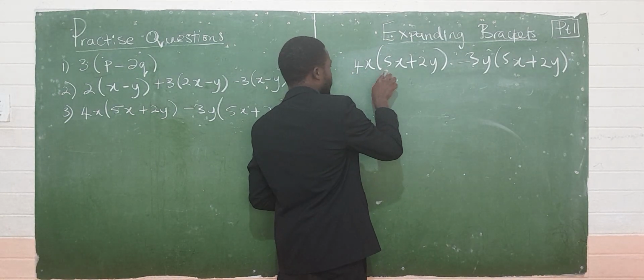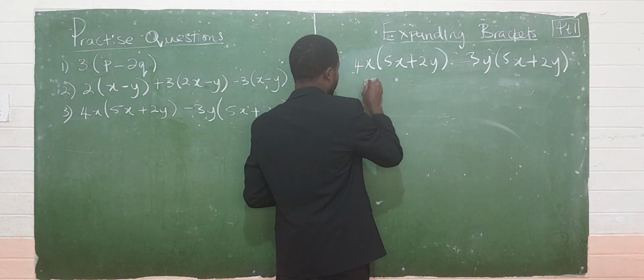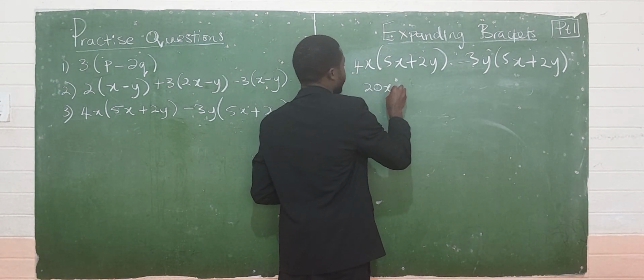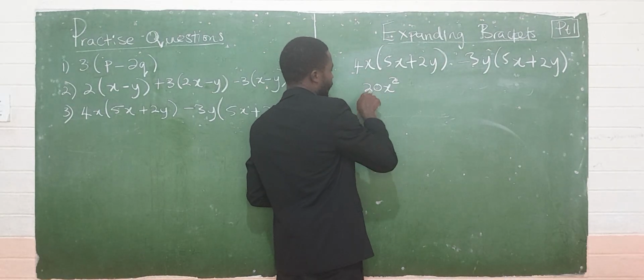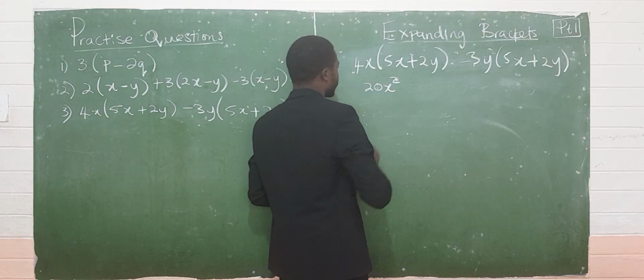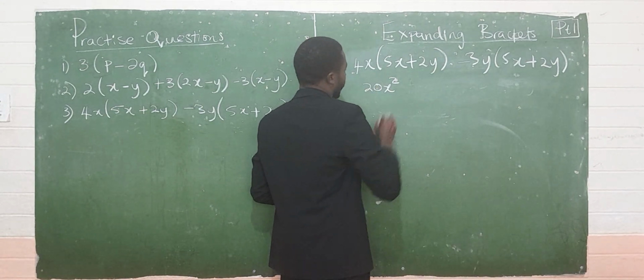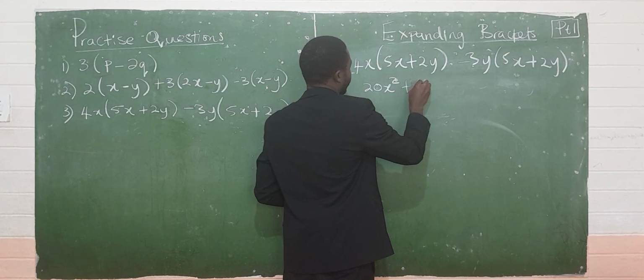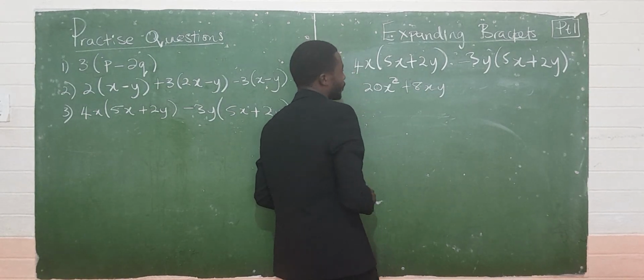That will be 4x multiplied by 5x, which gives us 20x squared. 4 times 5 gives us a 20, and x times x gives us x squared. We move on to the next. 4x times positive 2y gives us positive 8xy.